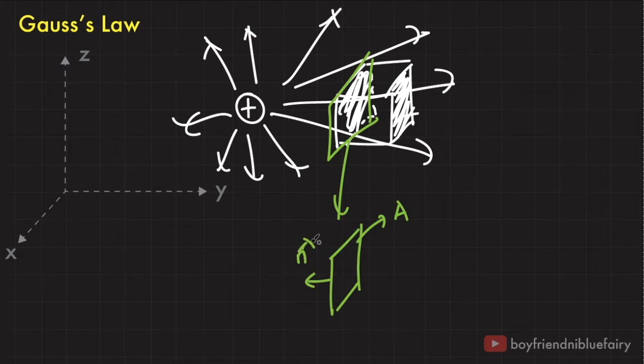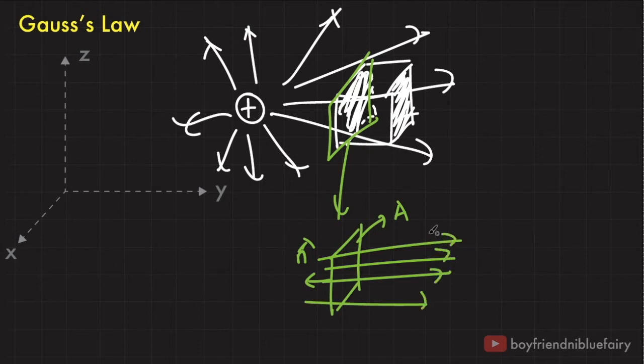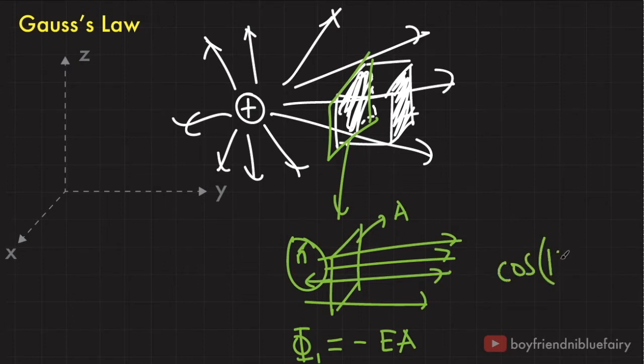And the electric field passes through the surface like this, coming from the positive charge. So its electric flux is negative EA because the direction of n hat is this way. We have EA cosine 180 degrees, which is negative 1. That's why we have this value.